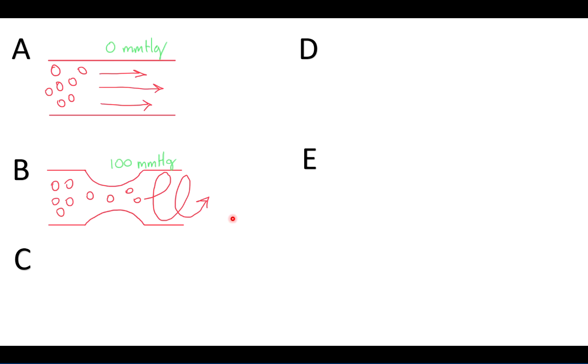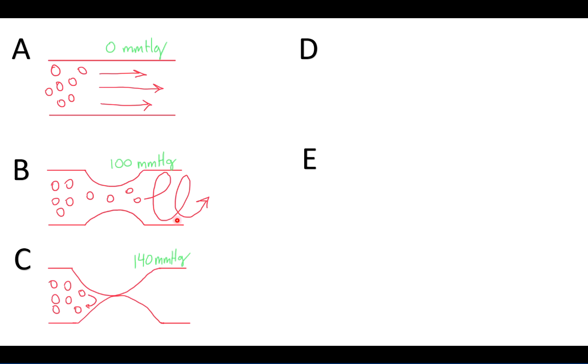Now, you'll recall from the measurement of blood pressure, we need to ultimately get to a point where we have completely occluded blood flow through the artery. Now, let's say our participant had a blood pressure of 120/80.